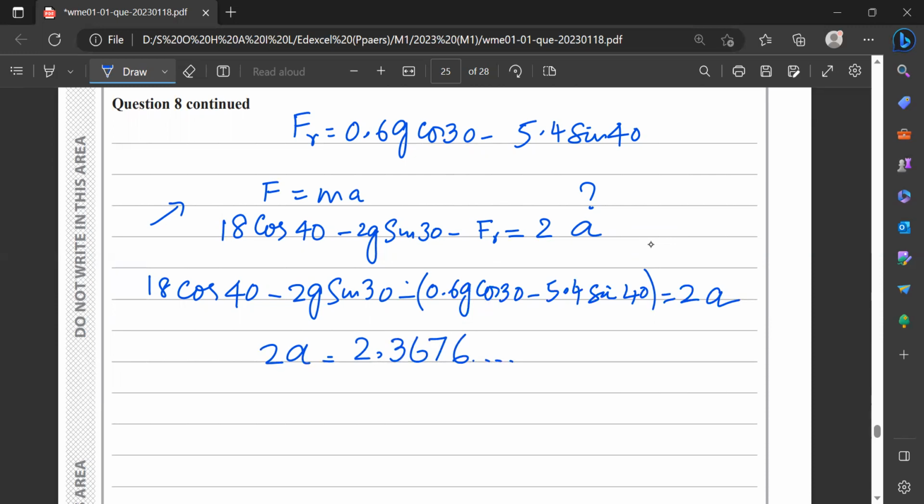So the answer is A equals 1.1838. So the acceleration was the question.